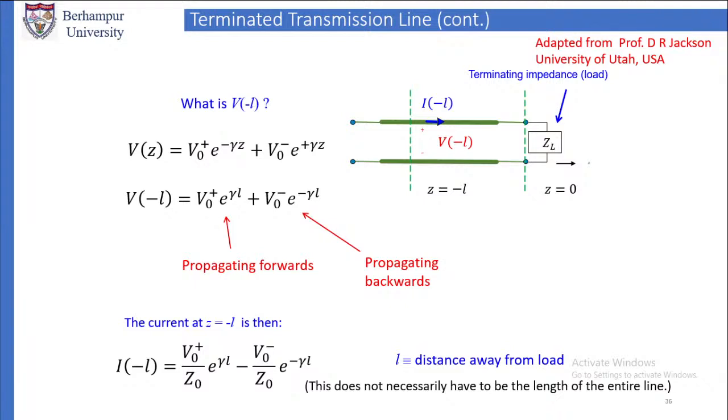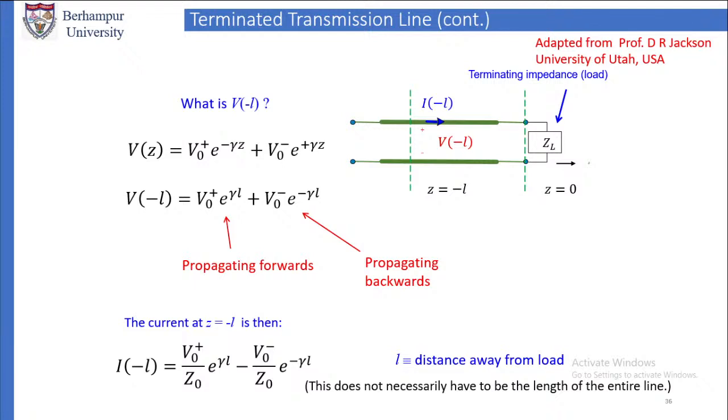Now we will find out the impedance at a distance L from the reference point, which is z equal to 0 where you have terminated. From that, go to the left side. Therefore, at z equal to minus L, we are going to do the calculation.